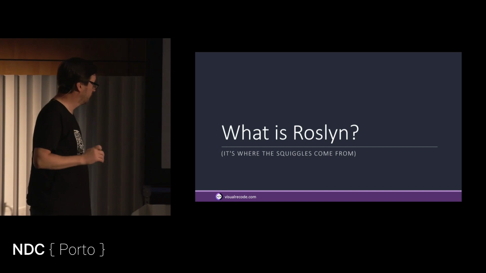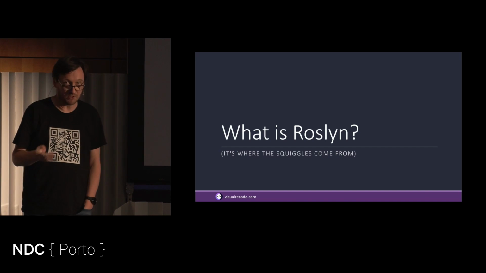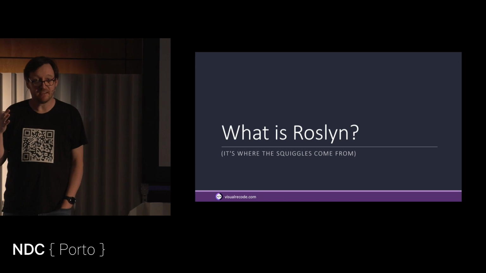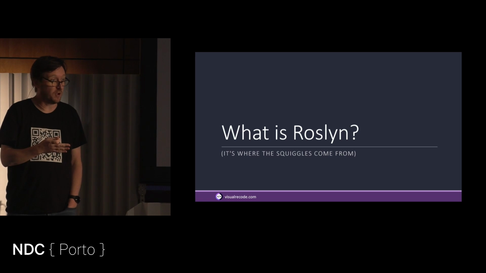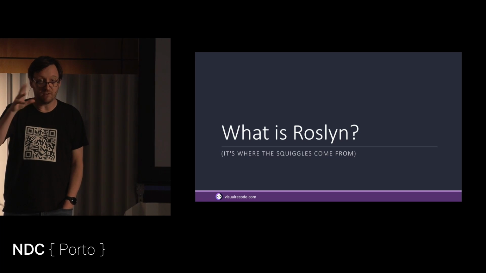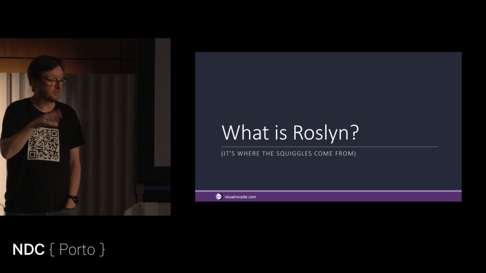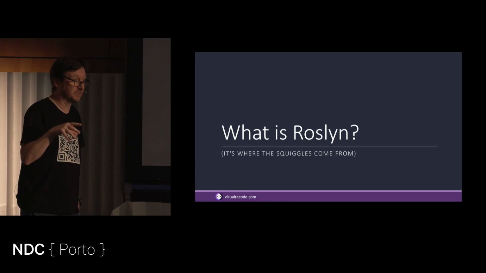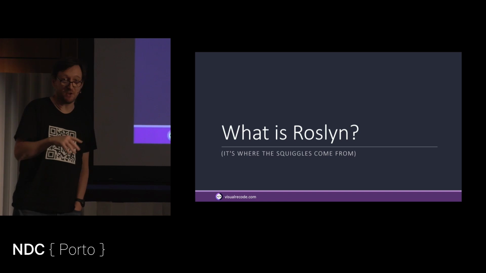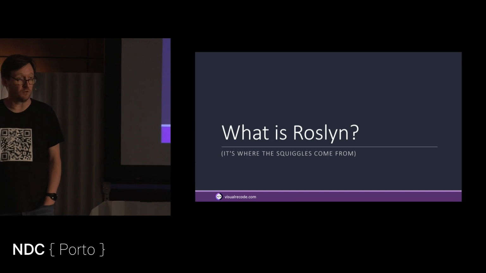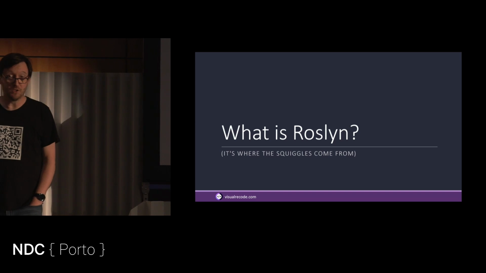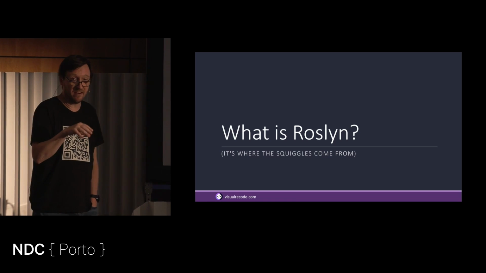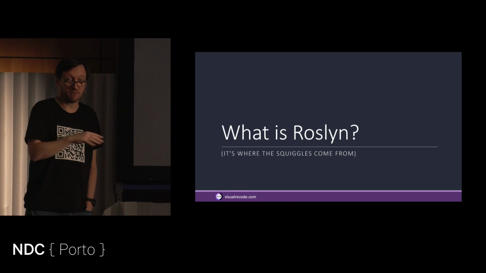This is about Roslyn. The easiest way to describe it these days is in Visual Studio. Roslyn is the thing that looks at your code and tells you you're an idiot and you're doing it wrong, and offers to fix it for you if you press Control dot. I should point out that if you have ReSharper installed, that's got nothing to do with Roslyn at all.